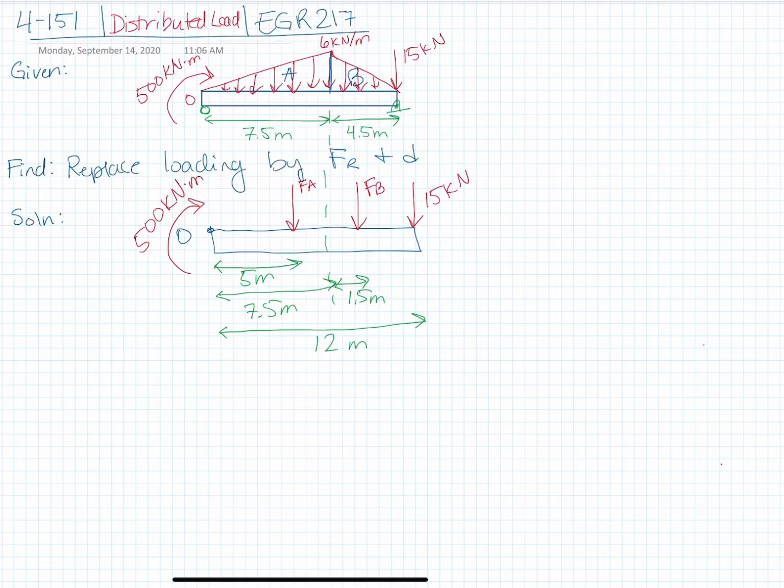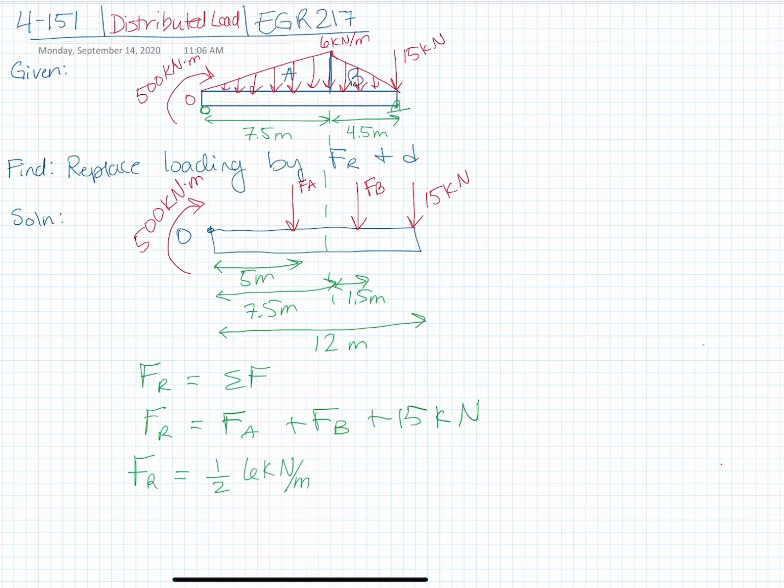To figure out the resultant force, we just know that the resultant force is going to equal the sum of all of the forces. And so the resultant force is going to equal FA plus FB plus 15 kilonewtons. So we need those FA and FB. FA is just going to be 1/2, because this is a triangle, so we're trying to find the area underneath that triangle. 1/2 times 6 kilonewtons per meter times 7.5 meters.